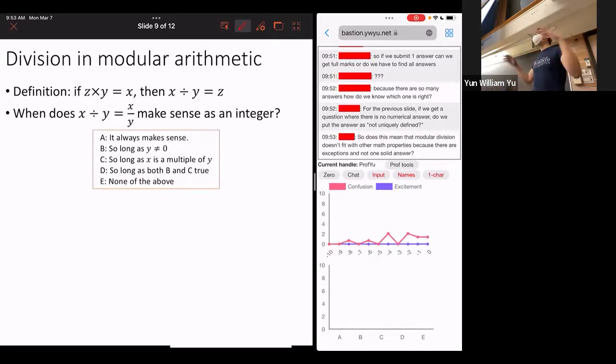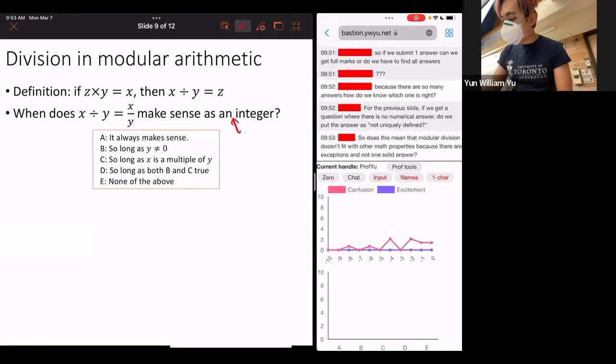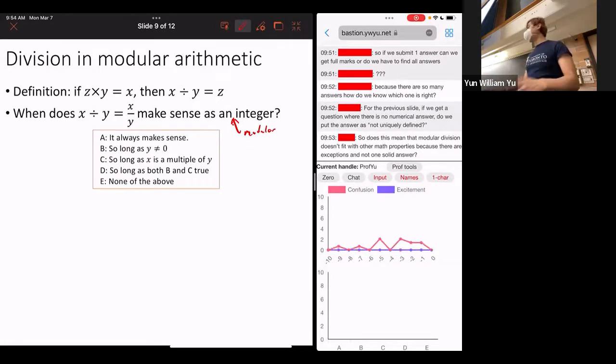But now the question is, when does this make sense as a modular integer?